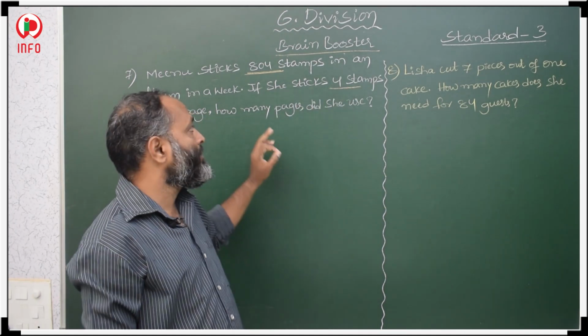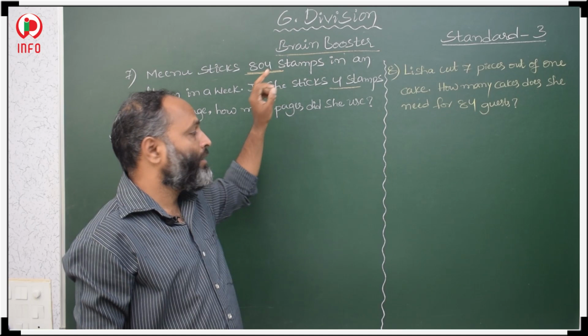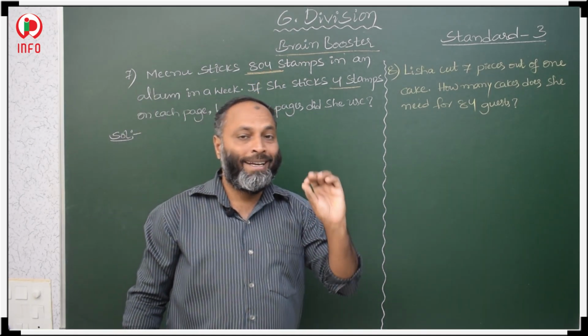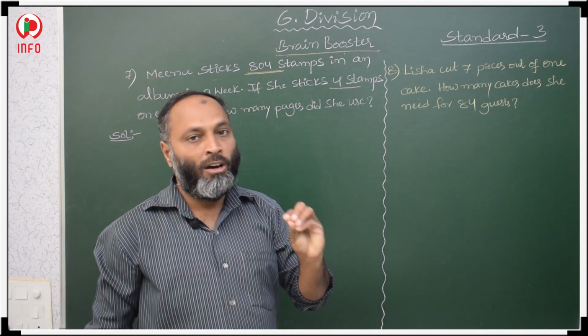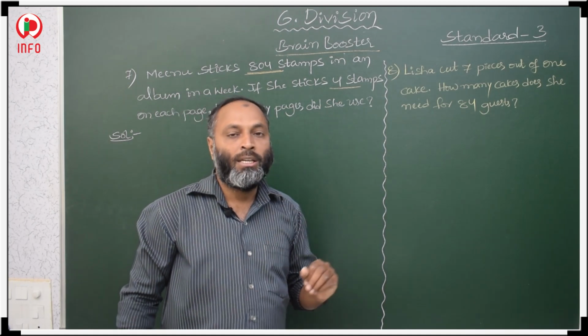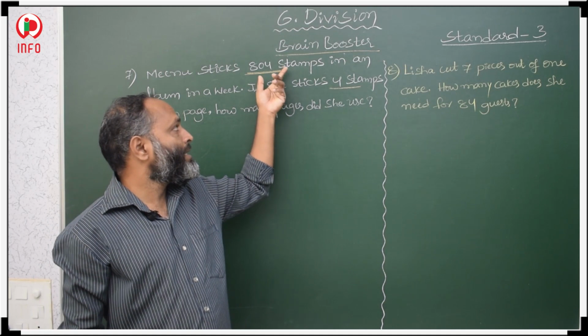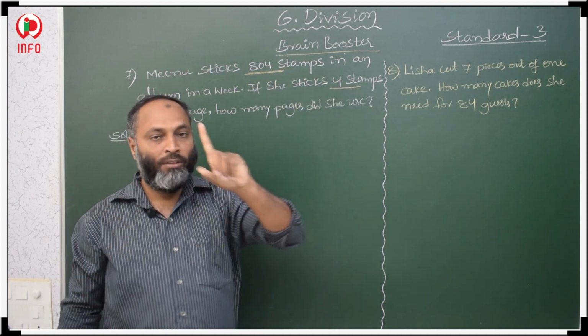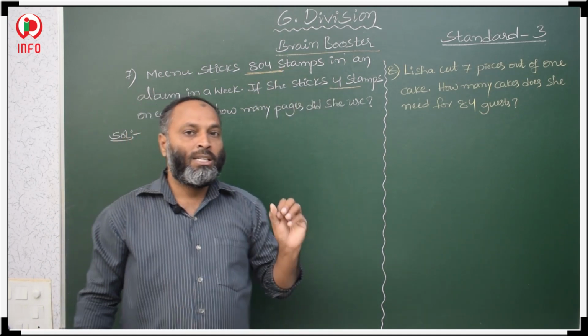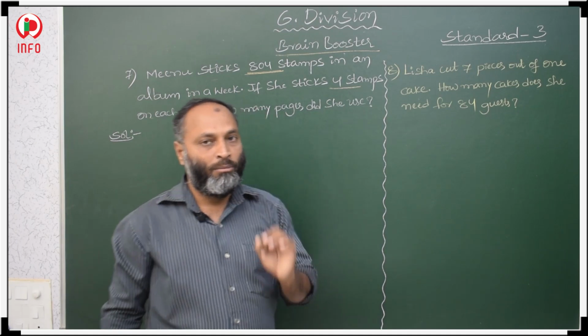Total how many stamps were there? 804. To paste these 804 stamps, how many pages does she need? So what do we have to do? We have to divide this total stamps by how many stamps she pasted in one page, that is 4 stamps.